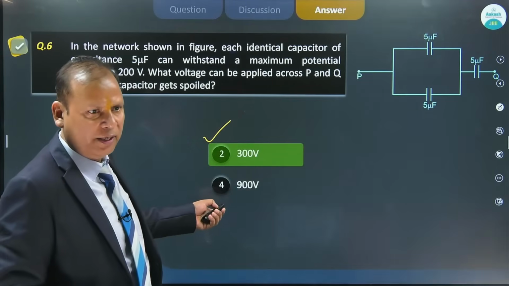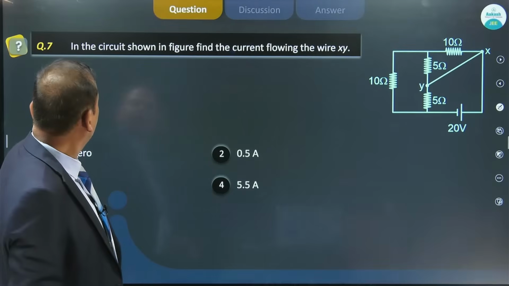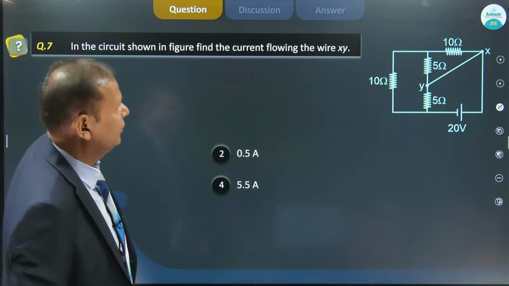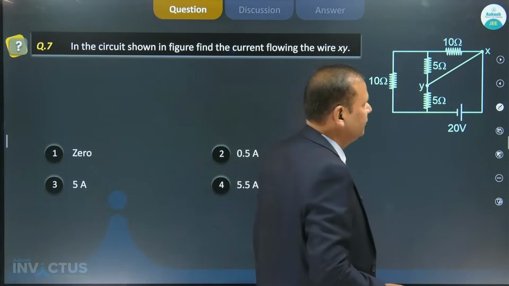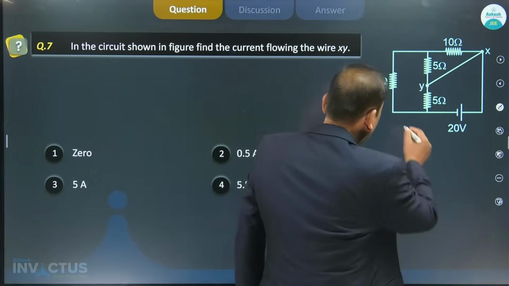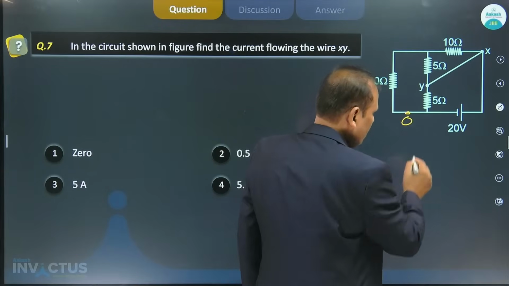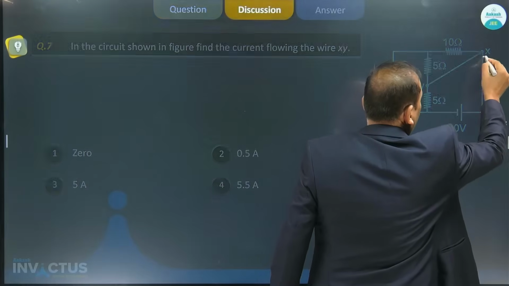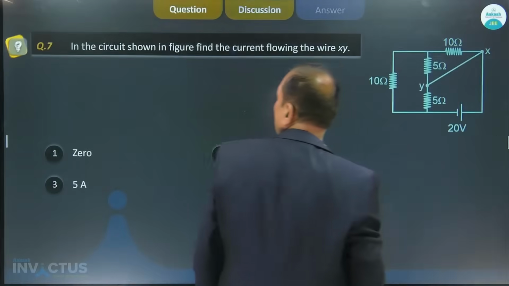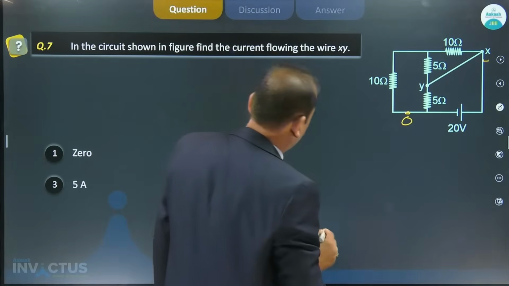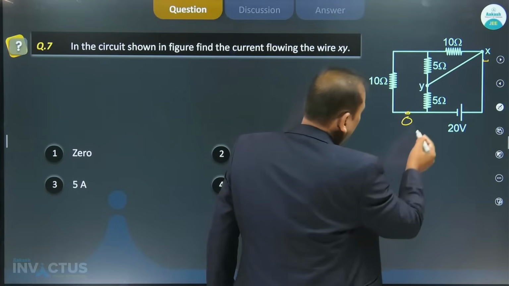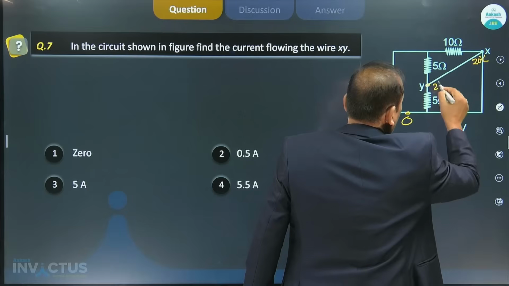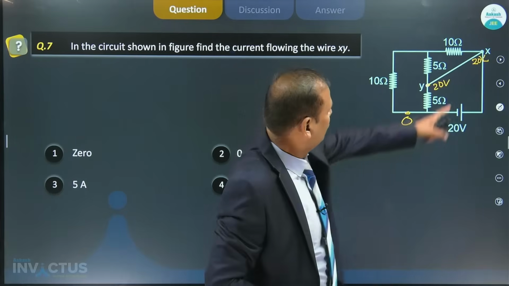So move to the next question. In the circuit shown in the figure, find the current flowing in the XY wire. This is the XY wire. So what we will do, consider its potential 0 and consider its potential 20. This is 20 volt, this is 20 volt because there is no resistance here.